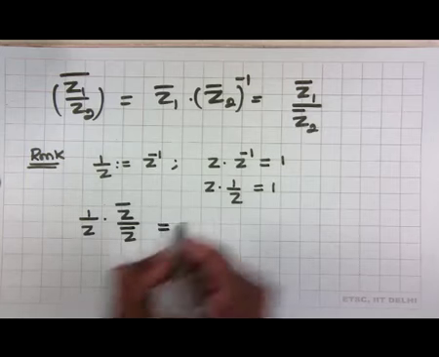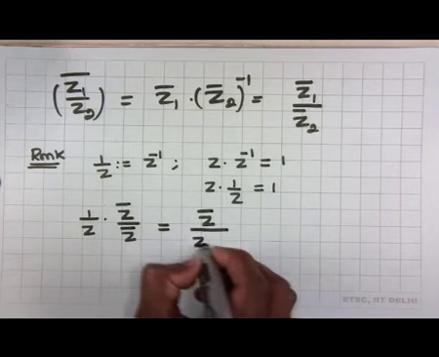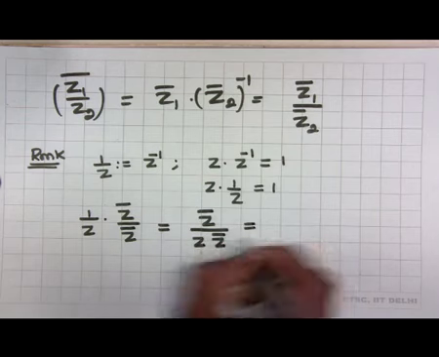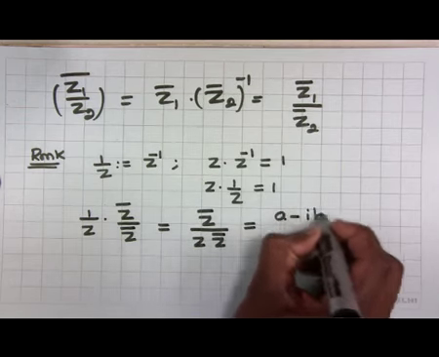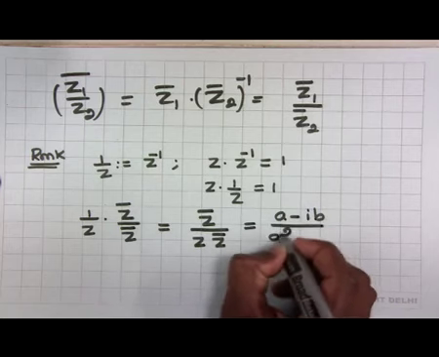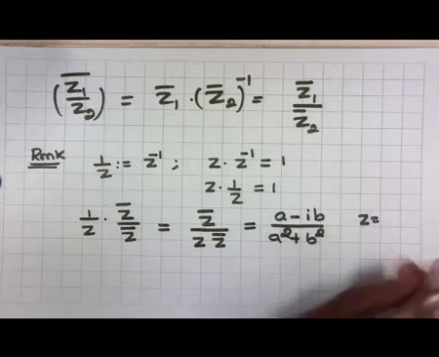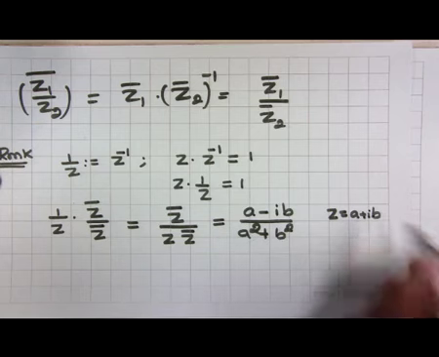Then what you get is Z bar divided by Z into Z bar. We know what this factor is: this is a minus i b over a square plus b square, where z is written as a plus i b.